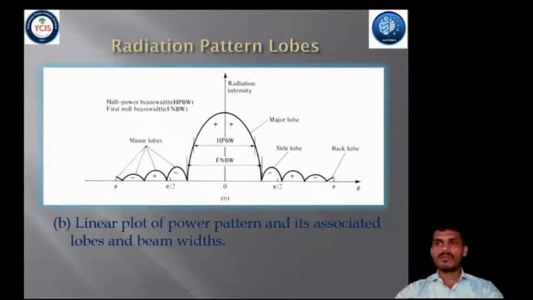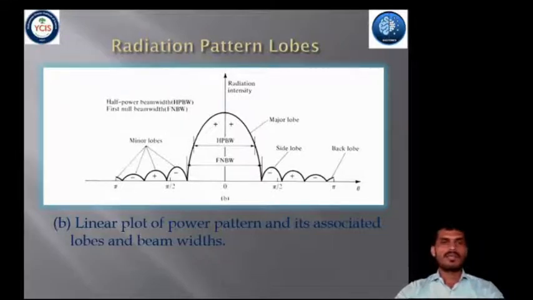In polar form, the spherical three-dimensional pattern can be linear or on a dB scale. A description of those programs can be found in the book Antenna Theory by Balanis.